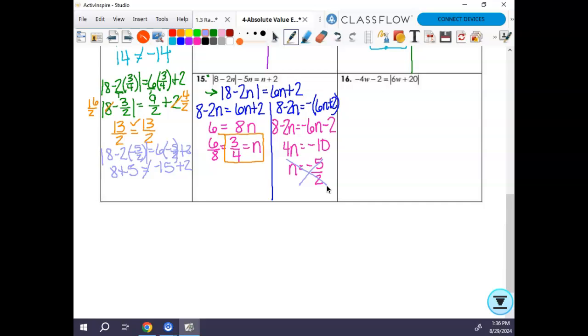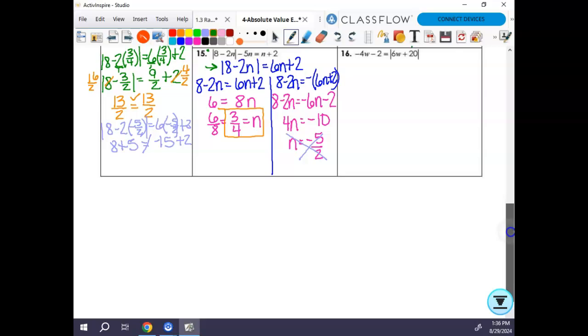What questions do you got? All right, let's look at 16. If you haven't done 16, we can just do it together so that we can be done with this. Is the absolute value isolated? Yes, so I'm good to go. I've got negative 4w minus 2 equals 6w plus 20.